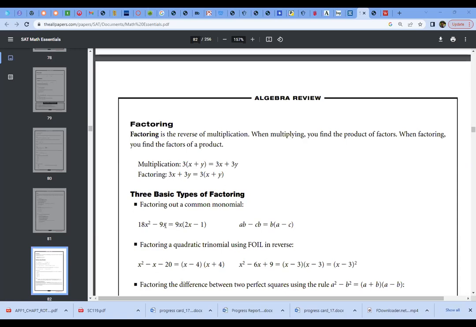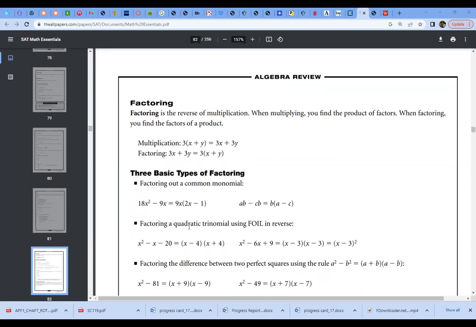If I divide the first term by 9x, it's going to be 2x. And if I divide the other term by 9x, it's going to be 1. So this is how to factor using a common monomial. AB minus CB is going to be B outside, taking the common factor, and A minus C. This is the first one.